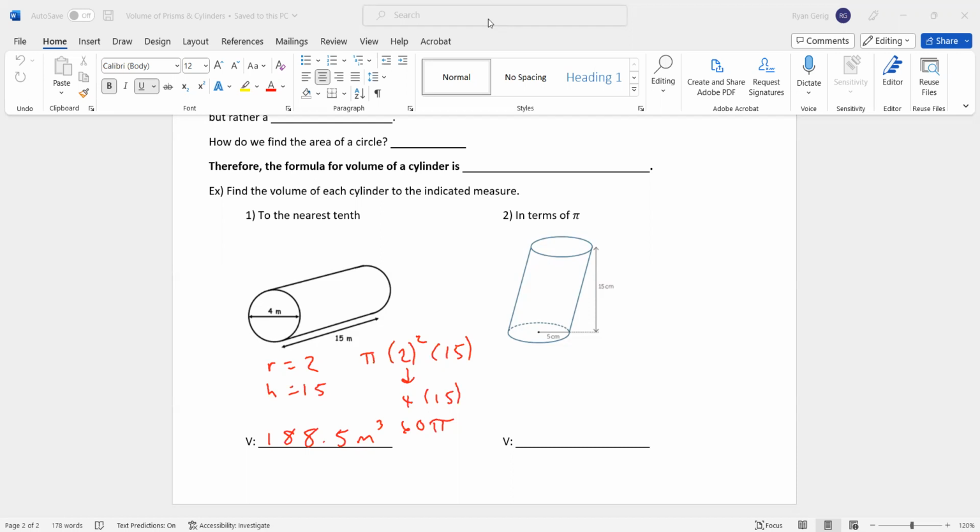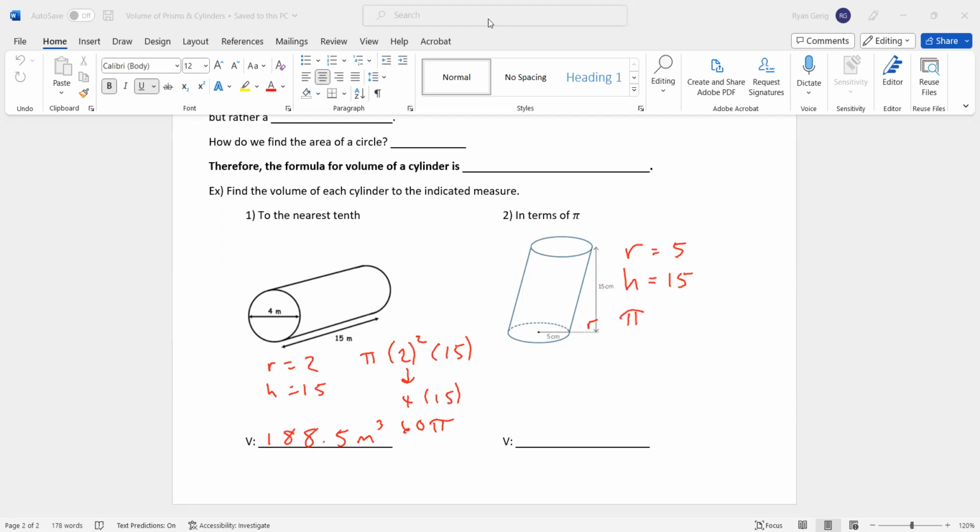Now, this last one looks like it could be really challenging. It's not standing straight up, but that really doesn't matter too much here. The height is the distance from the top base to the bottom base perpendicular, and that is the case here. So I actually have everything I need. The radius is 5, and the height is 15.